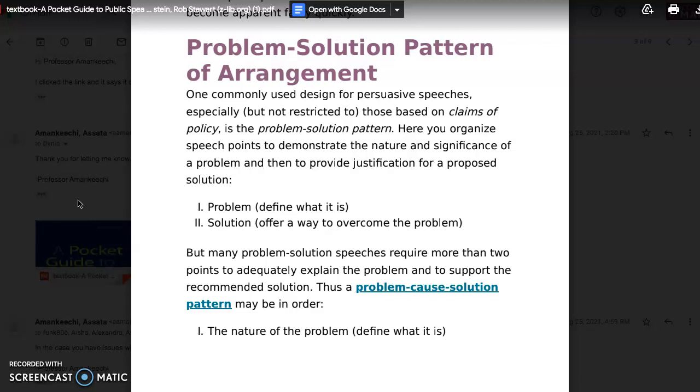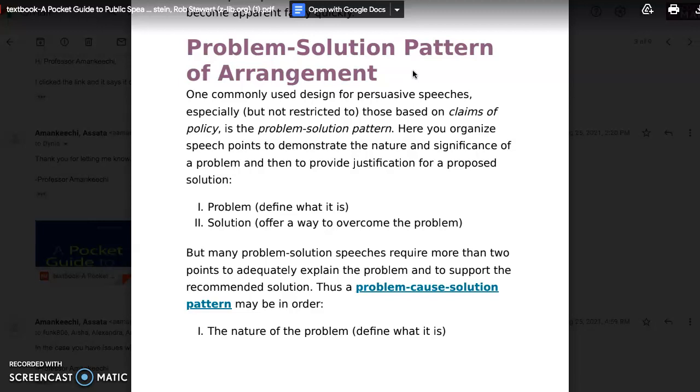All of the information I'm sharing can be found in your textbook, chapter 24. I'm under the tab that says Problem Solution Pattern of Arrangement. This is an organizational pattern that can be used for certain speeches to persuade claims. Let's talk more about problem solution patterns.